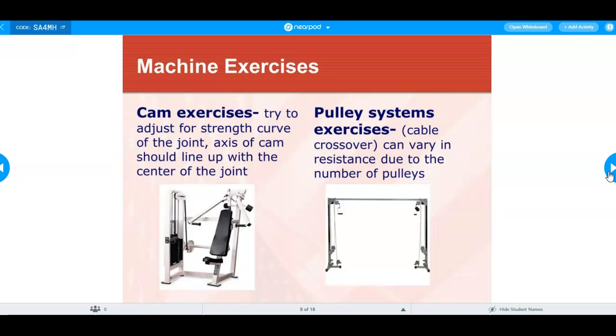So machine exercises. There are 2 different types or more of machines, and some of our machines are what are called cam. So you see this item right here, that is the cam. And whoever created this machine, they had a person with their arm segment lengths and they determined this is what works best for this individual.